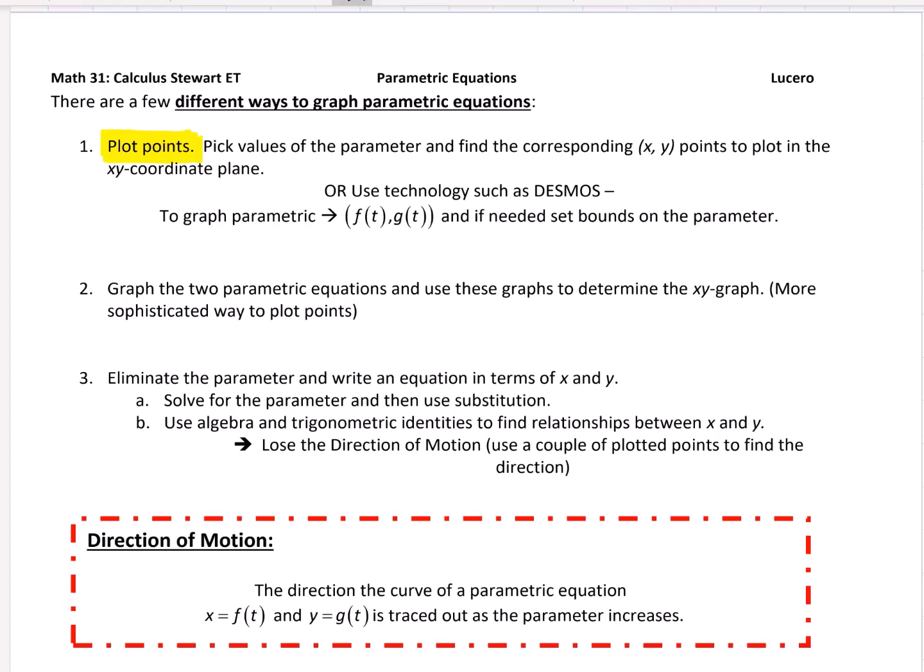Another way to do it, which is a little bit more sophisticated way to graph points, is to graph the 2 parametric equations and use the graphs to determine what the xy coordinates are. Basically that's a visual, more sophisticated way to have a table of points plotted.